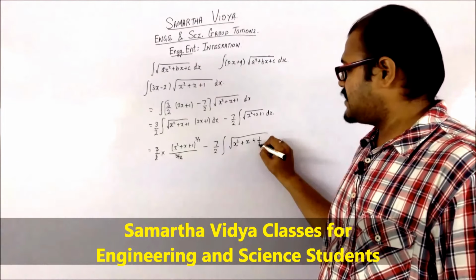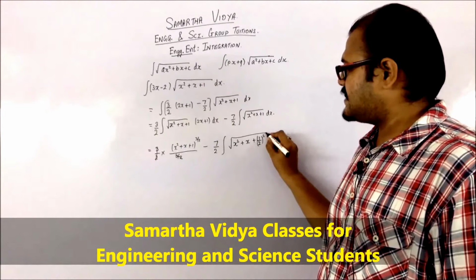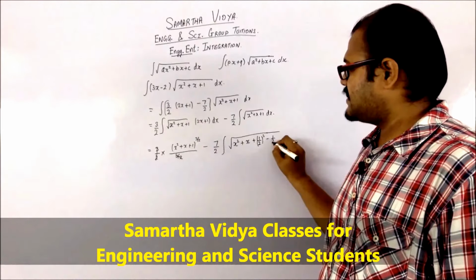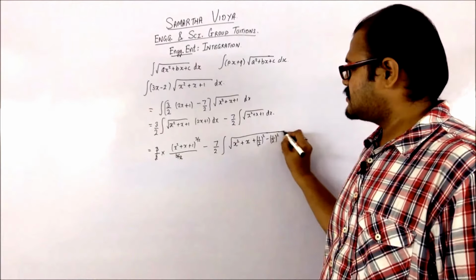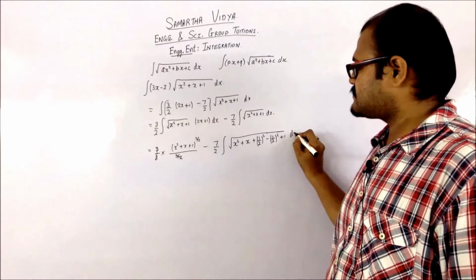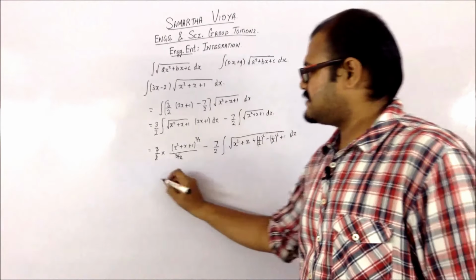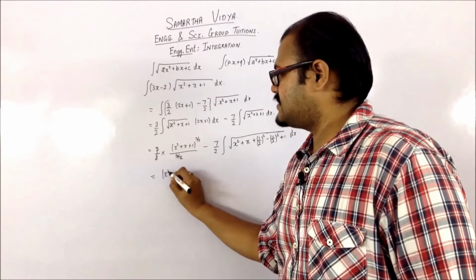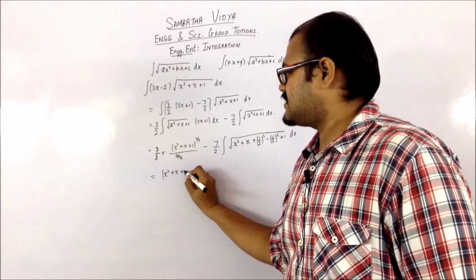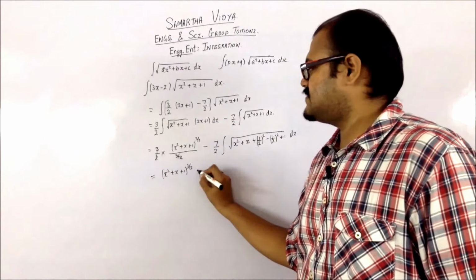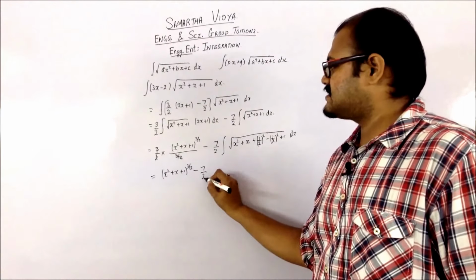So it's 1 by 2 square, which is added, and you are subtracting 1 by 2 square and plus 1. So this part remains the same. It's going to be x square plus x plus 1 raised to 3 by 2. We need to just solve this part.